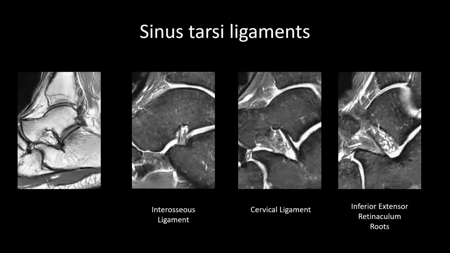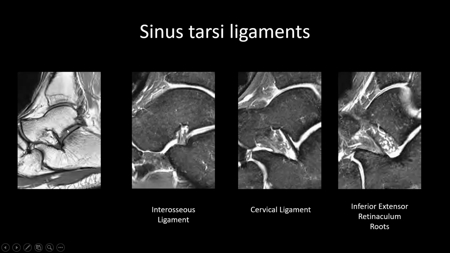This is the sinus tarsi, which is a cave-like structure on the lateral side of the ankle, and the space between talus and calcaneus. So normally it is filled by fat and some ligaments, and you won't find much signal intensity in it.